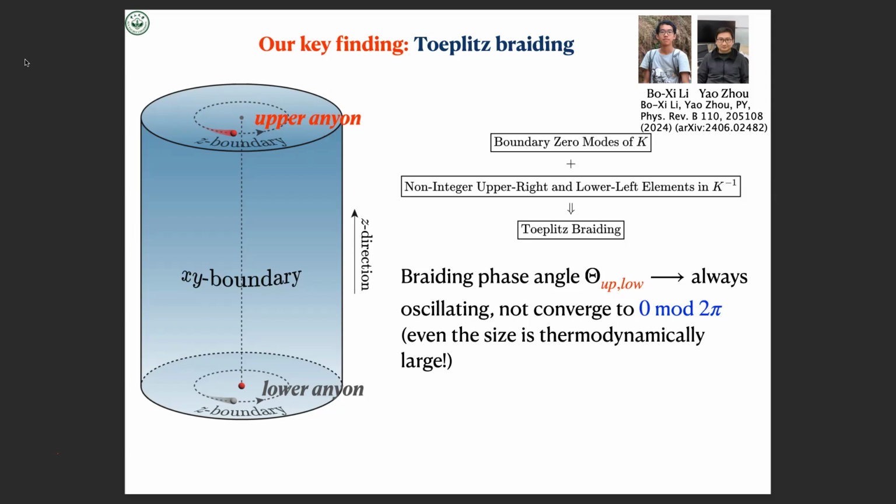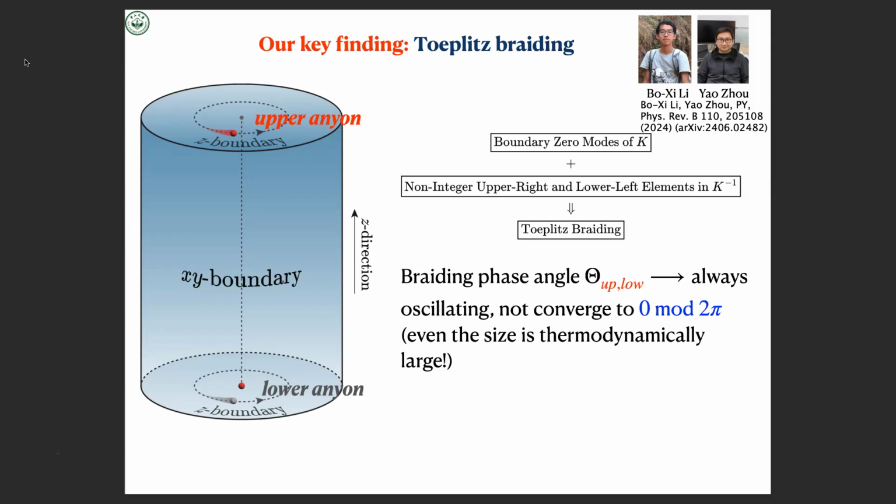Once you braid this upper area, as long as the projection of the lower area on the upper boundary is exactly inside this circle, then this upper area will pick up phase.